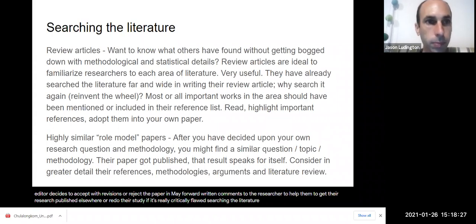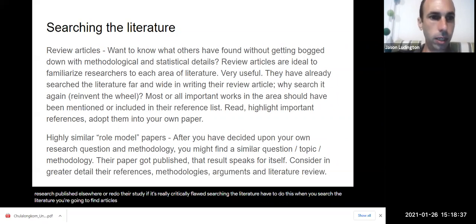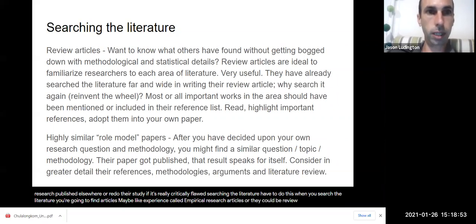Searching the literature. So you're going to have to do this. When you search the literature, you're going to find articles. They may be empirical research articles, or they could be review articles.